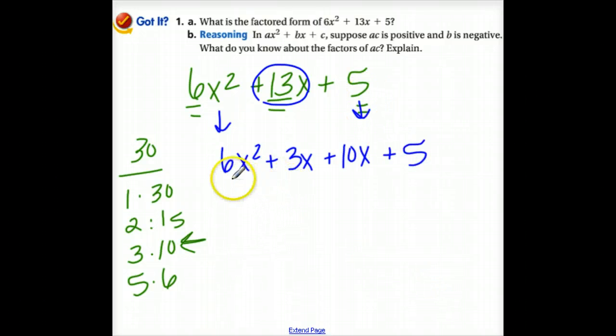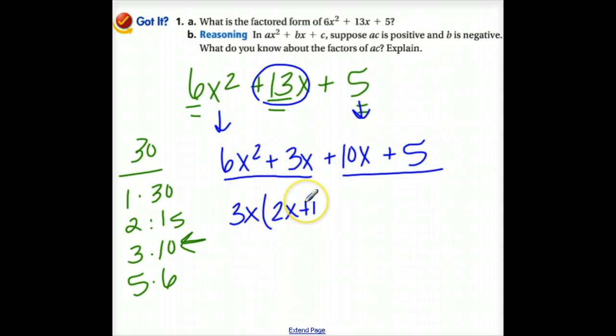Looking at this in pairs, what can I factor out from each of them? Looking at the first pair, I can factor out a 3 and an x, which leaves me with 2x plus 1. And over here, I could factor out a positive 5, which would leave me with 2x plus 1.